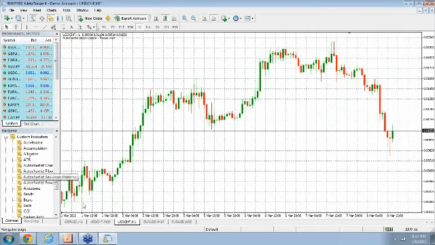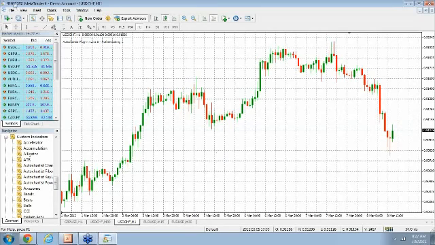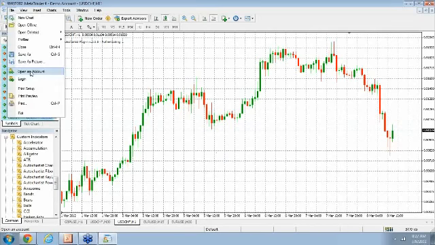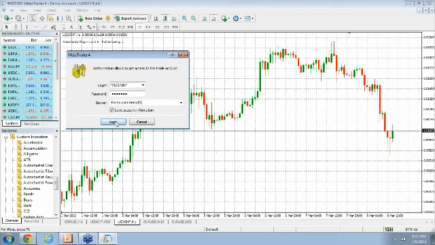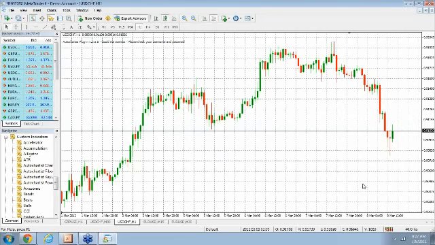So if I had, for example, dollar Swiss on the hourlies, and I want to look at key levels, I can just drag and drop this in there too, and it will be automatically set up to show that kind of indicator.